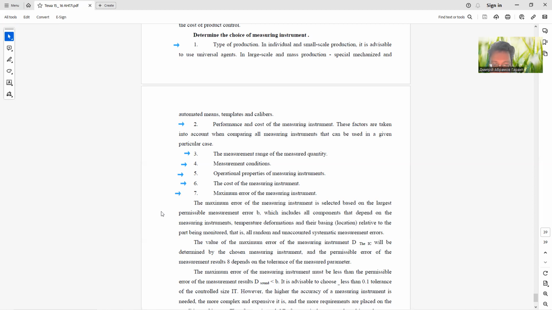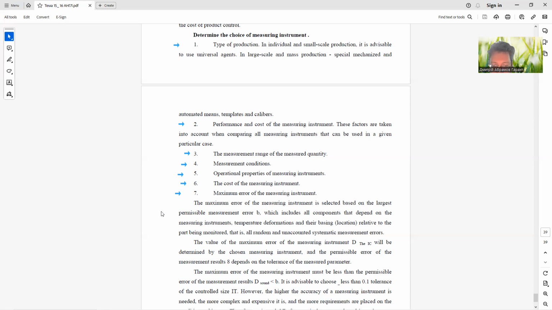That is, all random and unaccounted systematic measurement errors. The value of the maximum error of the measuring instrument will be determined by the chosen measuring instrument, and the permissible error of the measurement results depends on the tolerance of the measured parameters.